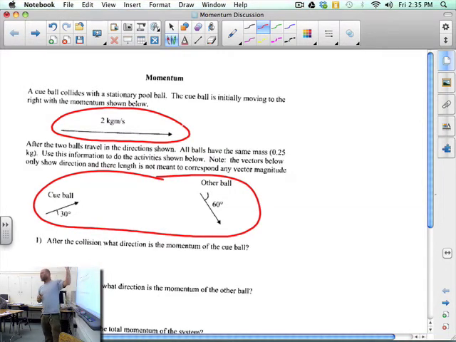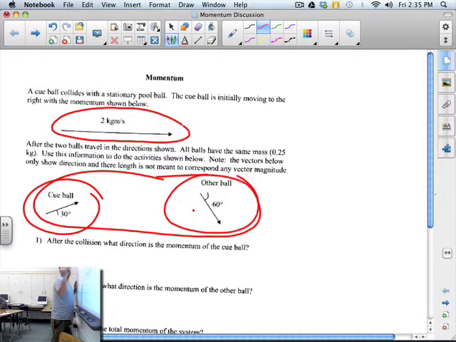Before the collision, only one object is moving. The other ball is hit by the cue ball, but it was not moving before the collision. After the collision, the cue ball is moving like this, and the other ball is moving like that. Is everybody good?